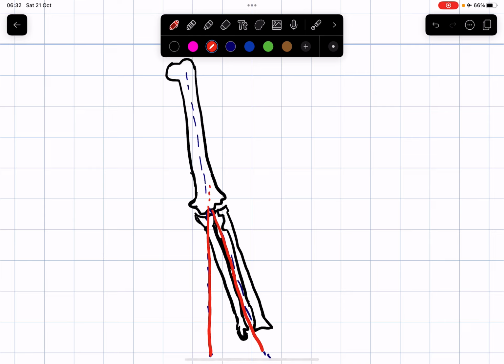This angle is known as the carrying angle. So what is the carrying angle? The carrying angle is the angle of deviation between the long axis of the arm and the long axis of the forearm. Now just try to extend your elbow. Just notice the long axis of the arm and the long axis of the forearm, they do not coincide.